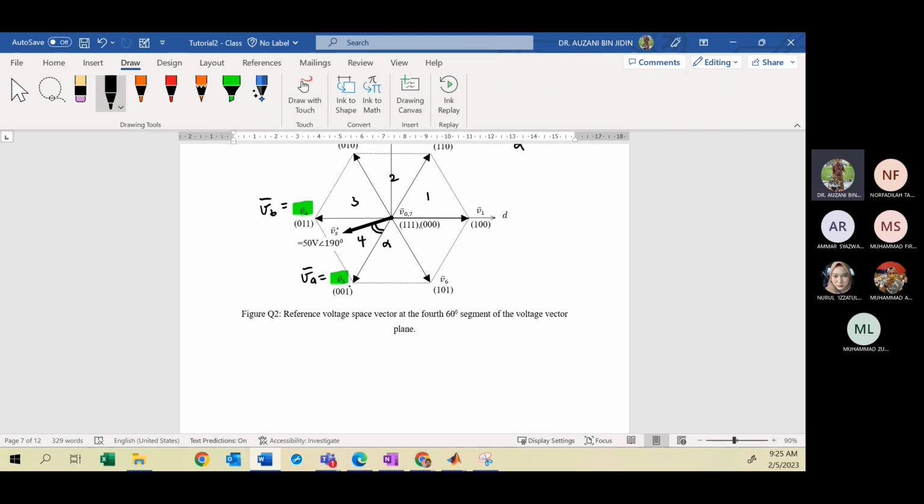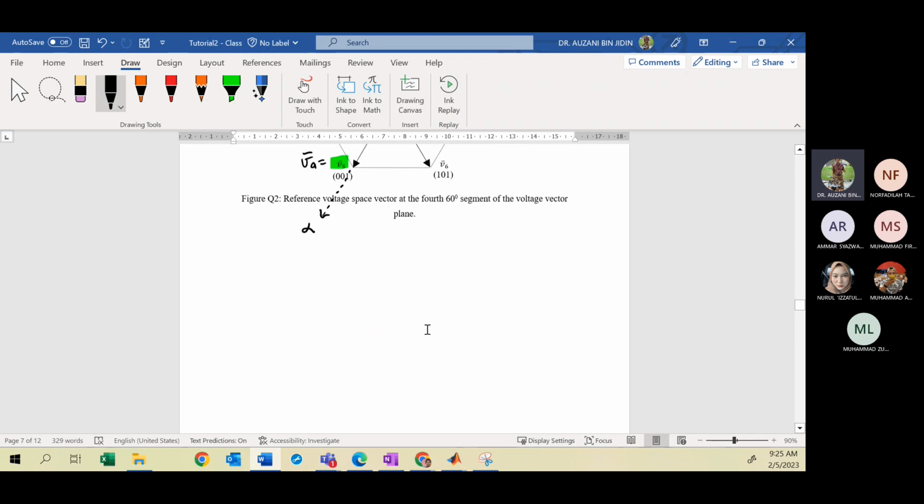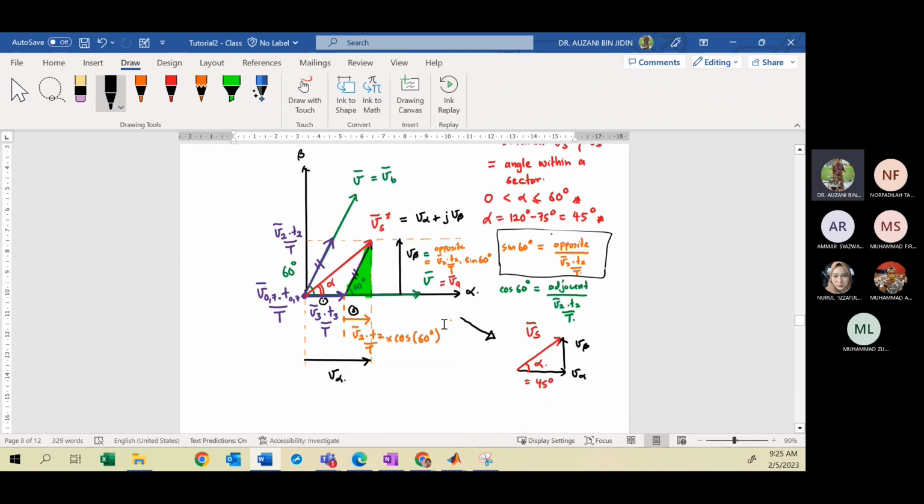So your alpha axis will be here. So this is your alpha. Beta should be here. And so you have alpha and beta axis. So your V5 in line with alpha axis. Here V5. Here, V4.